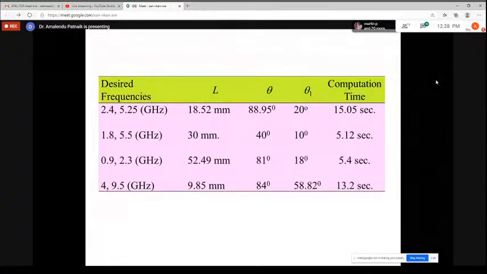That means one set of L, theta, theta 1. By taking those L, theta, theta 1, with the help of the simulator, you need to draw that particular structure, and then you simulate that structure using the RF simulator. It will take some time, and the output of that means the resonant frequency, bandwidth at different frequencies, and impedance at different frequencies.